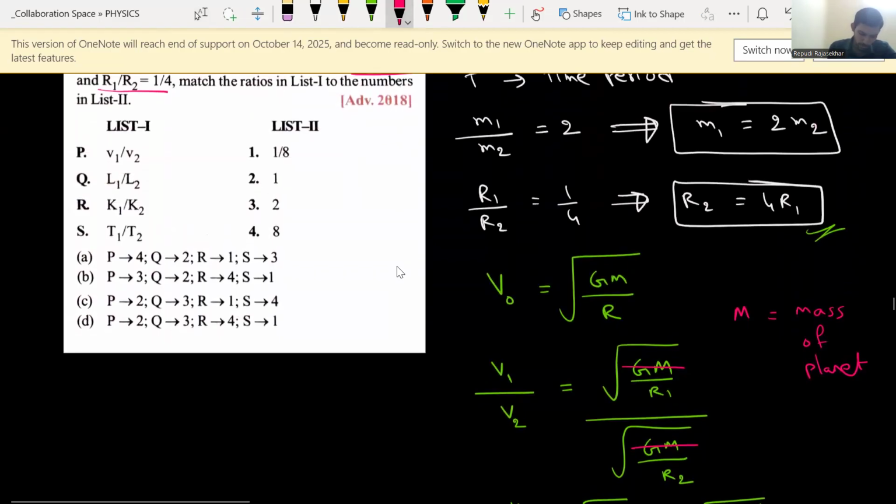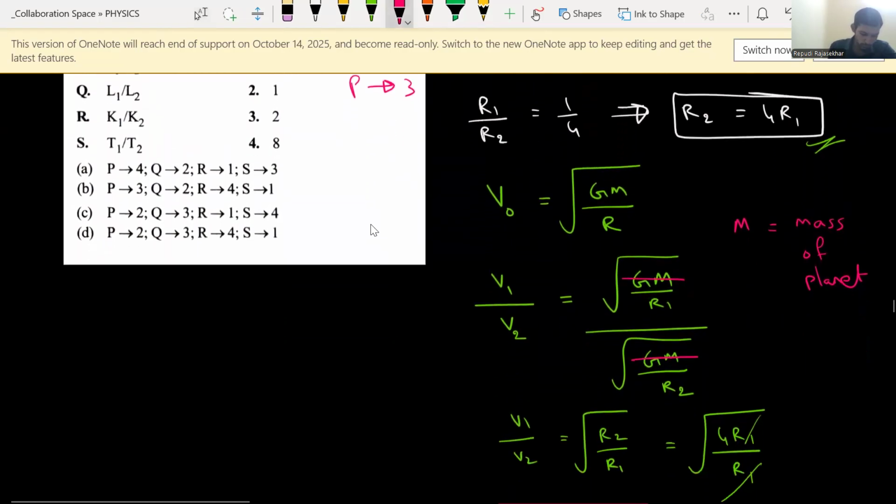So just to see this question, the v1 by v2 ratio is 2. That means for P, the answer we got is 2, so the option should be 3. So for P, 3 is there. For A, no. For P, yes, option 3. Any other?